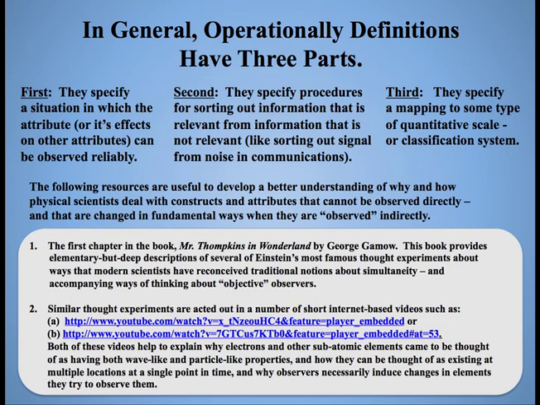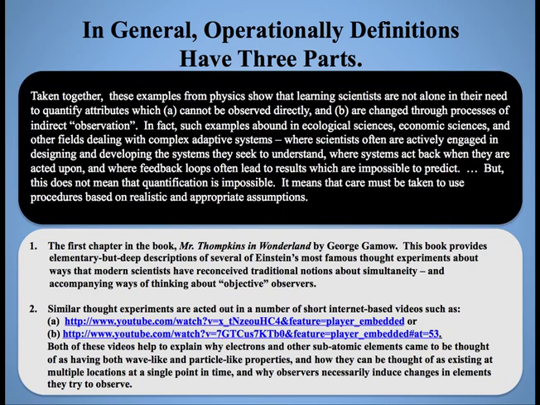Taken together, these examples from physics show that learning scientists are not alone in their need to quantify attributes which cannot be observed directly and which are changed through processes of indirect observation.